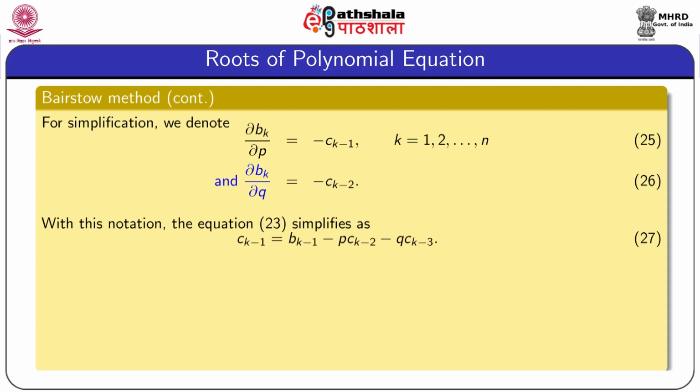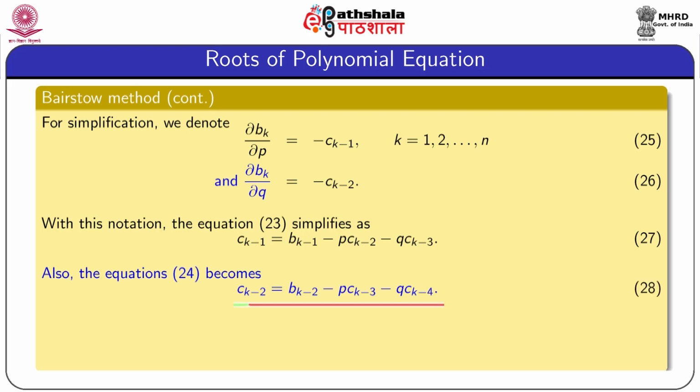Thus, using this notation, equation 23 becomes c_{k-1} equal to b_{k-1} minus p into c_{k-2} minus q into c_{k-3}. And from equation 24, we get c_{k-2} equal to b_{k-2} minus p into c_{k-3} minus q into c_{k-4}. Note that equations 23 and 24 are the same.